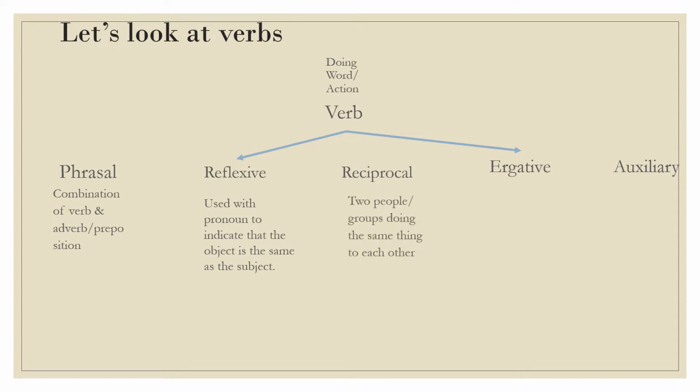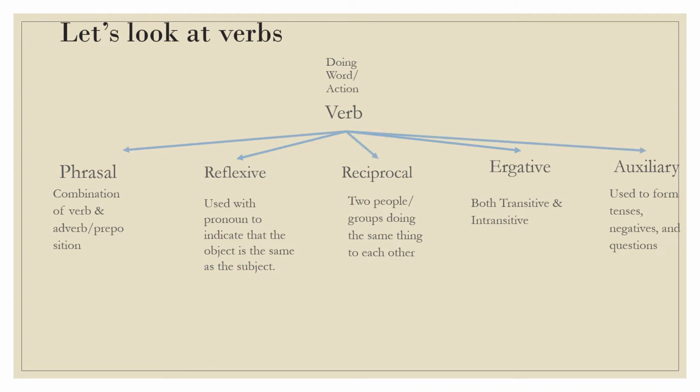And then we have reciprocal, which is two people or groups doing the same thing to each other. Ergative is when a verb is both transitive and intransitive. And then auxiliary is used to form tenses, negatives, and questions.